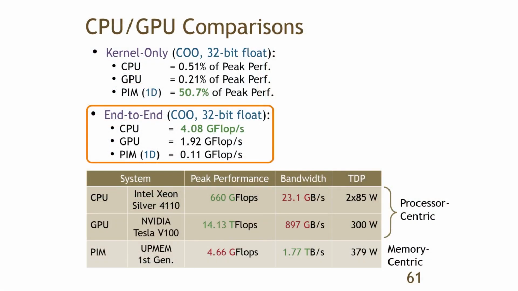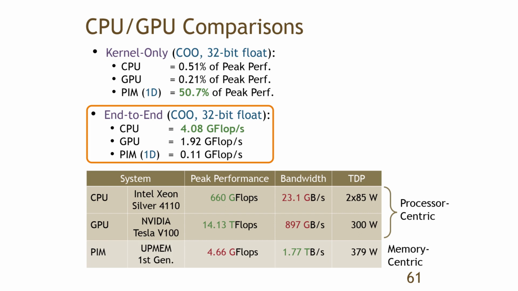The truth is that the end-to-end performance was not that great. In the end, CPUs and GPUs still have good bandwidth and much higher peak performance. This is a comparison also for 32-bit floating point numbers that are not natively supported by the PIM system.